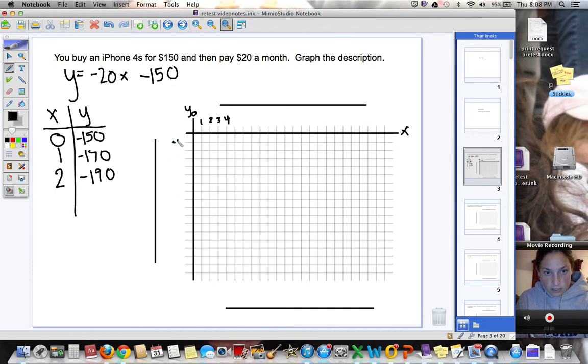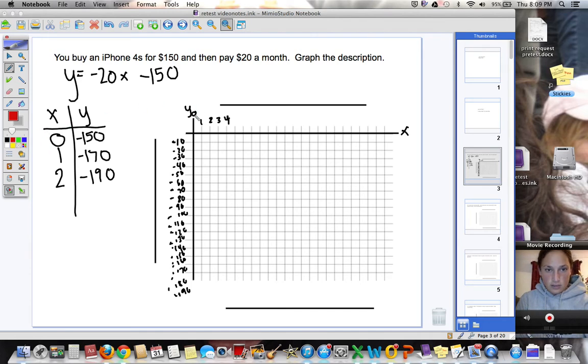So it's going to be negative 10, negative 20, negative 30, negative 40, negative 50, 60, 70, 80, 90, 100, 110, 120, 130, 140, 150, 160, 170, and then I'm going to keep going, 180, 190. And they're all minuses. So now all I have to do is plot these points.